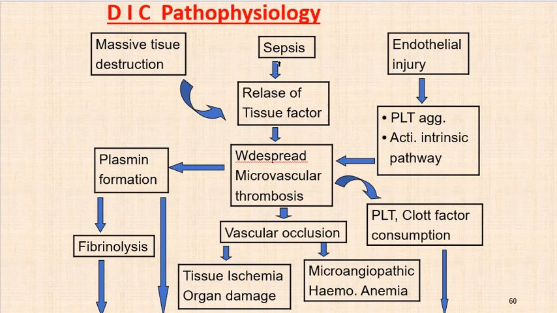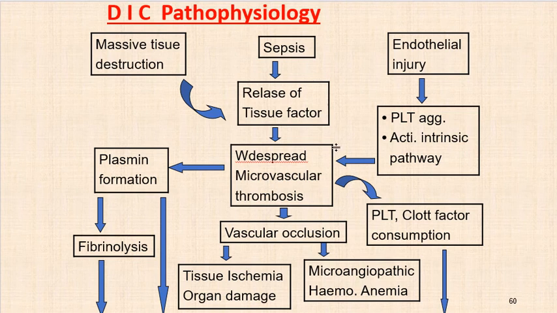Similarly, in the middle, sepsis will also lead to release of large amount of tissue factor. And whenever there is release of large amount of tissue factor, it will lead to stimulation of the clotting cascade, and this will lead to widespread microvascular thrombosis.